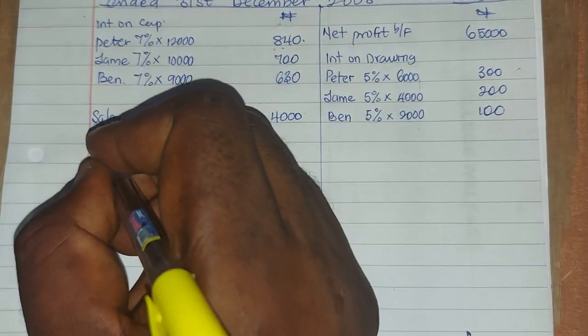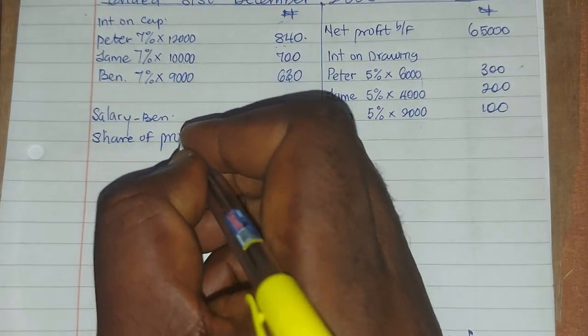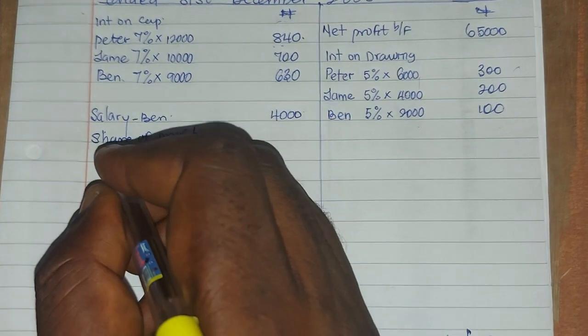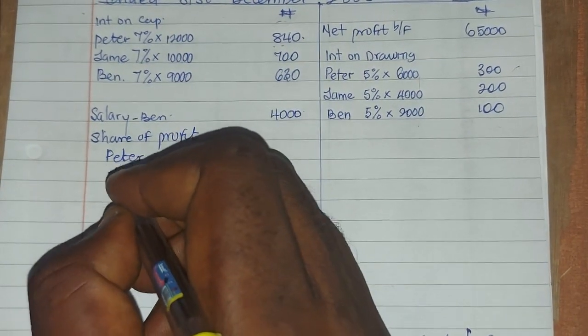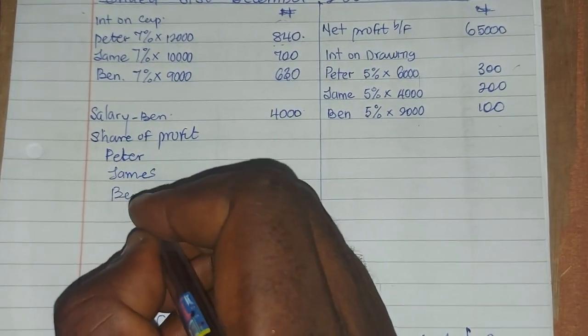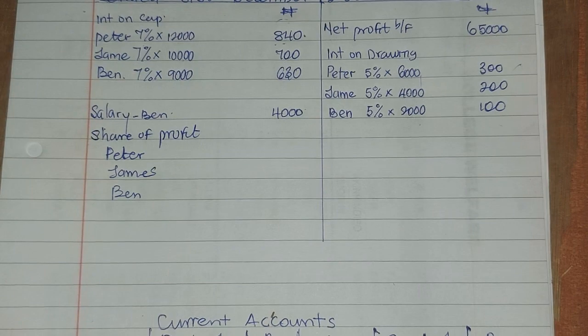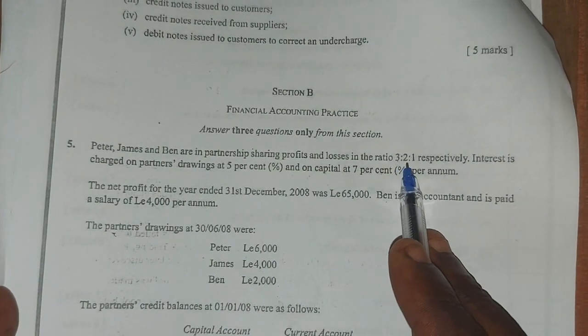Then we have share of profit. So you come here, write share of profits. Share of profit, we have Peter, James, and Ben. Okay, they have the sharing ratio 3 to 2 to 1.